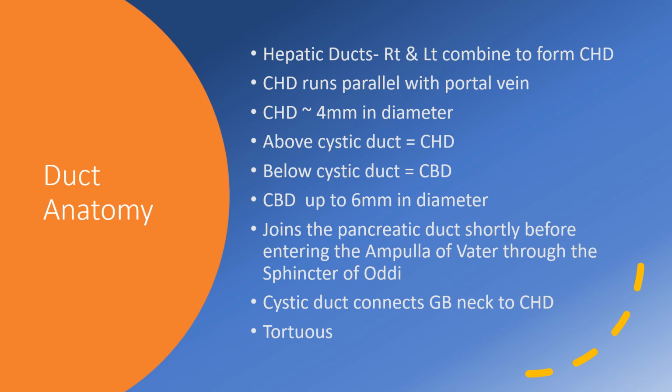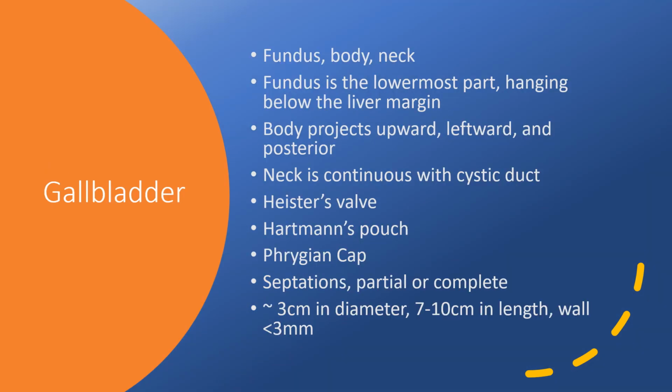The cystic duct connects the gallbladder neck to the common hepatic duct. And what you want to remember about those is they are tortuous. They're all kind of twisty in there, that cystic duct in particular. Now the gallbladder itself is made up of a fundus, a body, and a neck. The fundus is the lowermost part and it hangs below the liver margin.